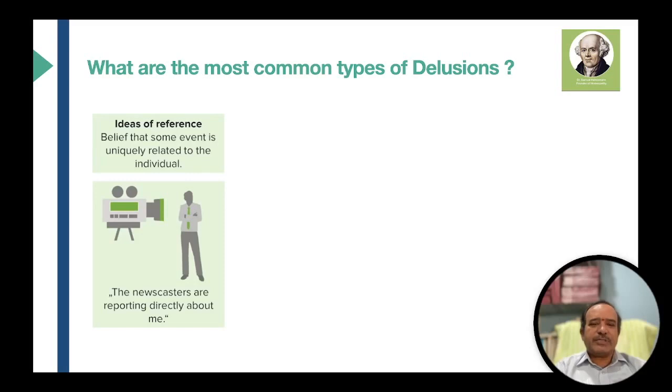Whatever happens, they think it is uniquely related to the individual. They believe that some event is uniquely related to them. The newscasters are reporting directly about me. Whatever they see on TV or in the newspaper, they think it is related to me. It comes into the ideas of reference.